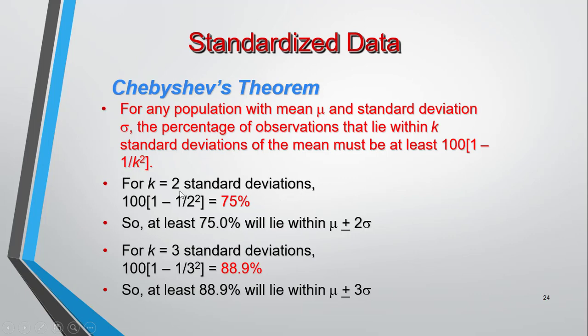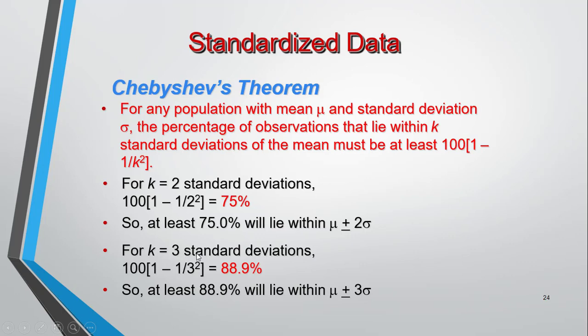So for example, if k is 2 standard deviations, 100 times 1 minus 1 over 2 squared is 75%. What it means is that for this population, at least 75% of the observations will lie within mu plus or minus 2 sigma, 2 standard deviations.